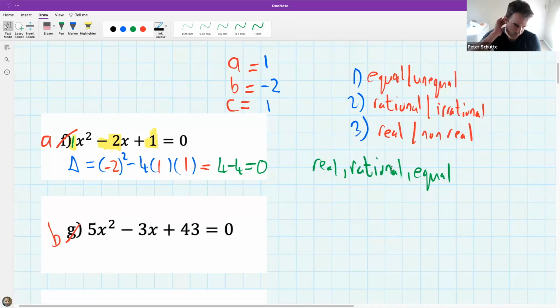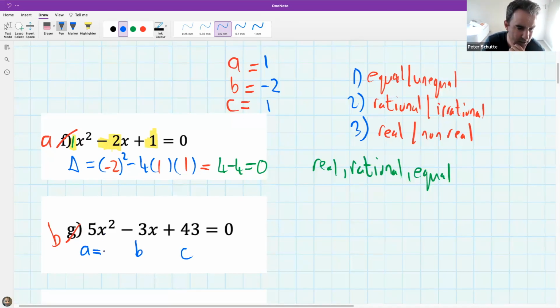Let's give the second one a go for B. What do we get for this one? Nicely done, Pablo. So what I like to do is I always start by writing down what my A, my B, and my C values are, assuming that we're in standard form.